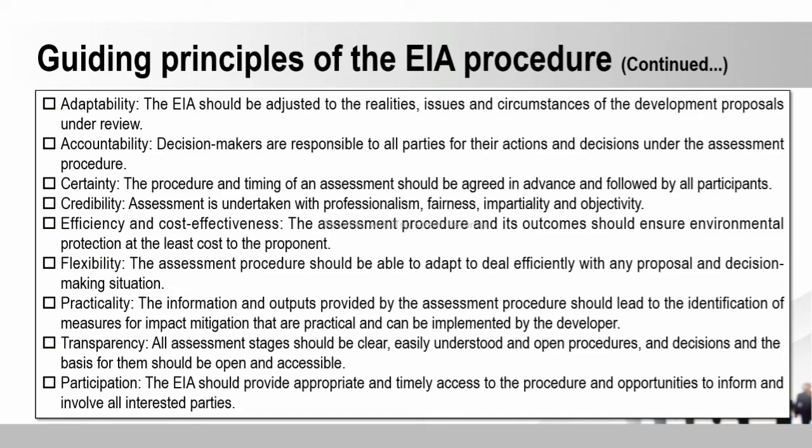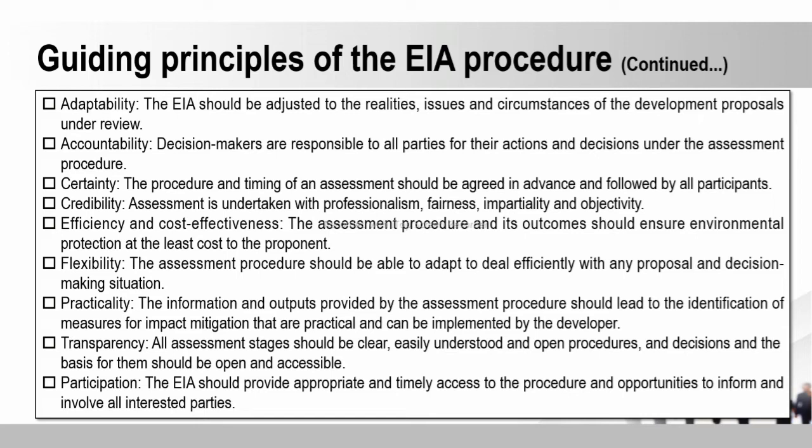Then flexibility. The assessment procedure should be able to adapt to deal efficiently with any proposal and decision making situation. So the procedure or the assessment should be flexible enough to enable it to adapt and deal efficiently with any proposal and decision making situation. Then the next principle is practicality. The information and outputs provided by the assessment procedure should lead to the identification of the measures for impact mitigation that are practical and can be implemented by the developer.